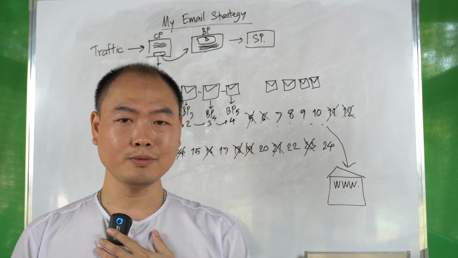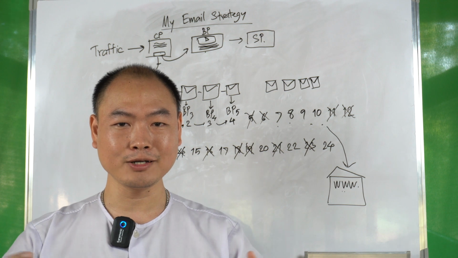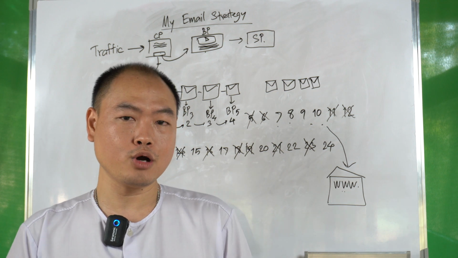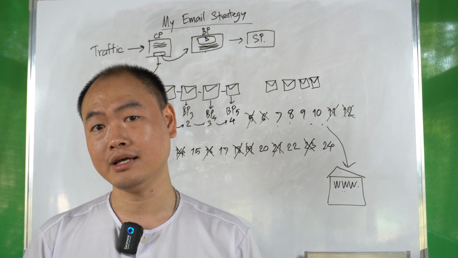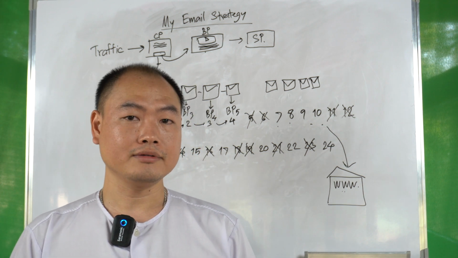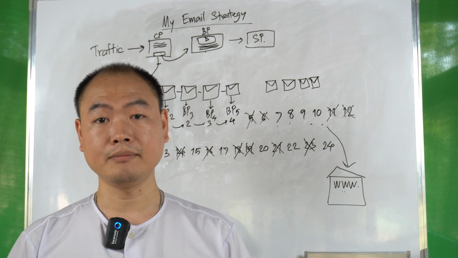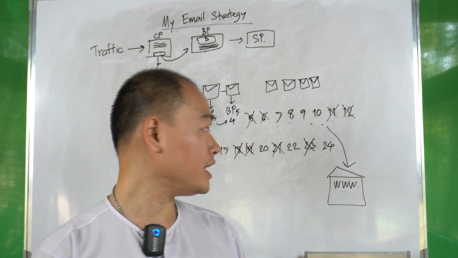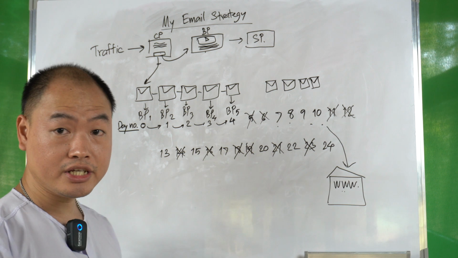Once you put yourself into their mind and portray yourself as someone who always gives value, it's always a plus for your email marketing campaign, okay? Because these guys know that this guy is a real deal, and eventually they will end up buying your stuff, okay? So that's the strategy that I do.